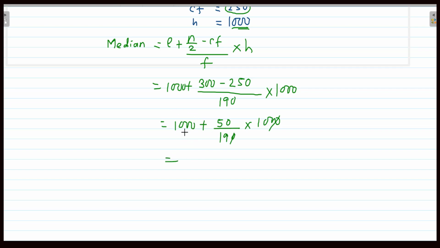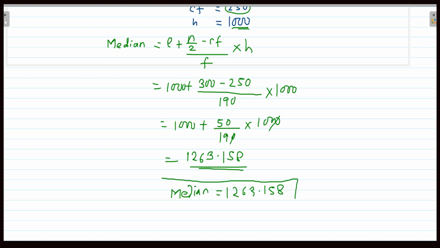If you solve this and add it to 1000, you will get 1263.158. This will be the median. At the end, write the answer that median is equal to 1263.158 and highlight your answer. And since this median is the income, the median will be written in rupees.